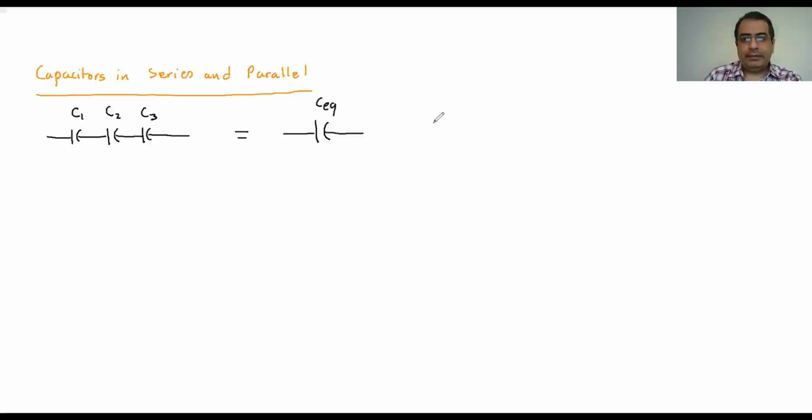And that equivalent capacitor is the opposite of the way we write it for the resistance. In resistance, when they were in series, we add them. When in parallel, we use the inverse equation. Now here it's the other way around. So it's going to be 1 over C1 plus 1 over C2 plus 1 over C3.